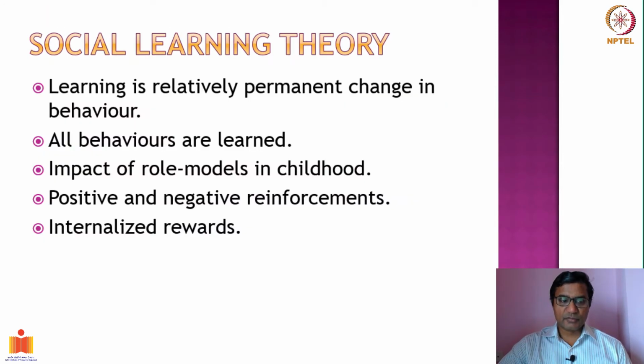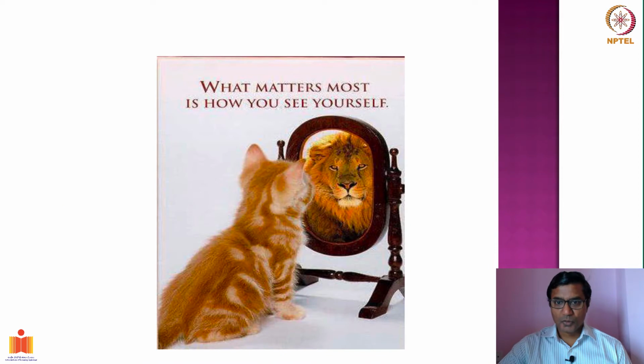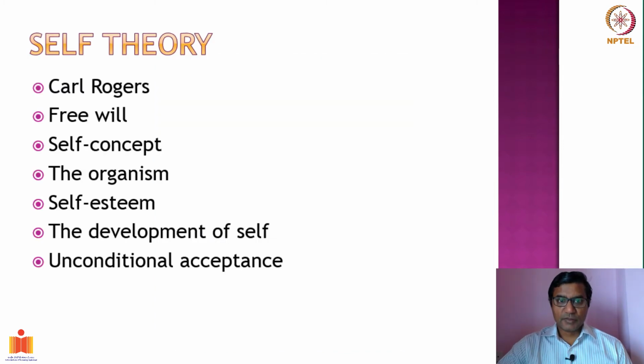The second theory which we looked at was social learning theory, which talks about the role of social factors in shaping individual behavior. The third group of theories are humanistic theories, in which we spoke about self theory.